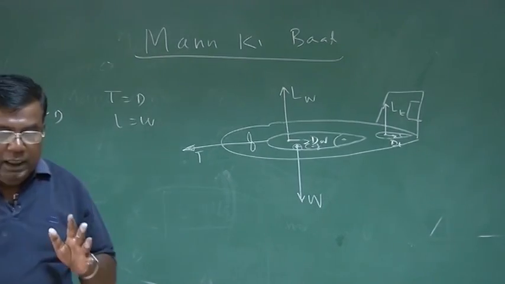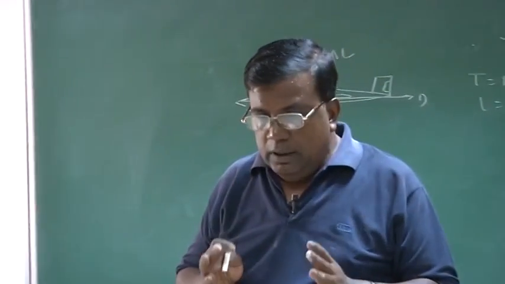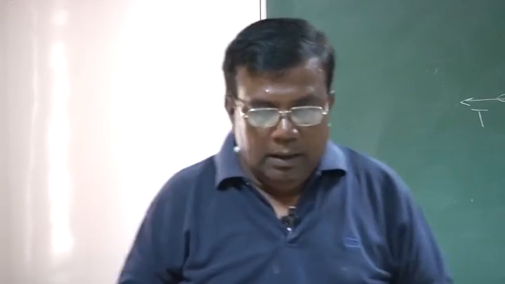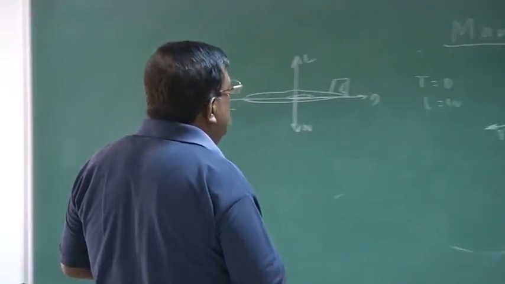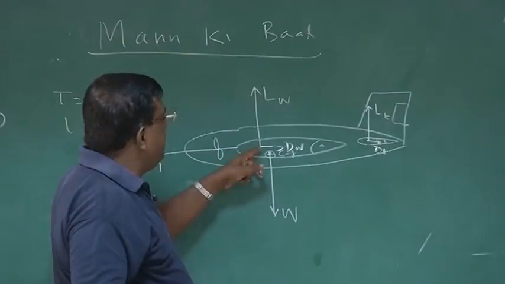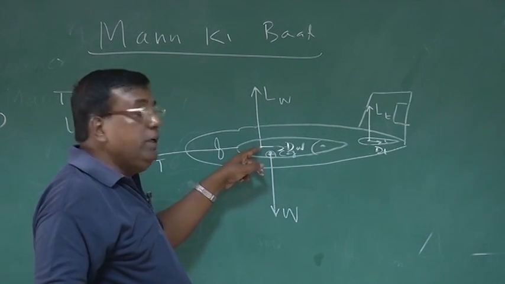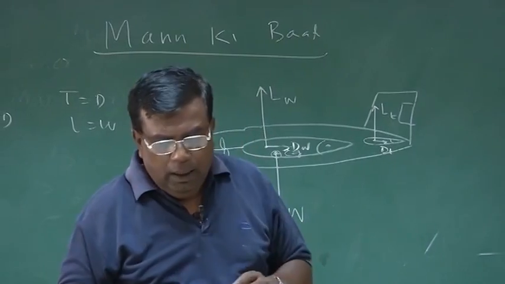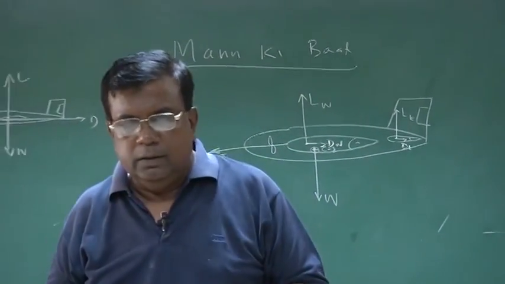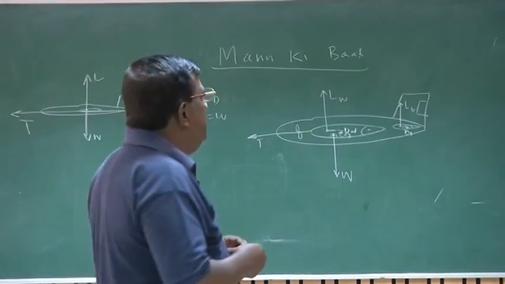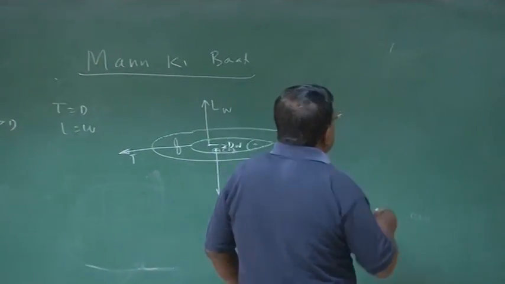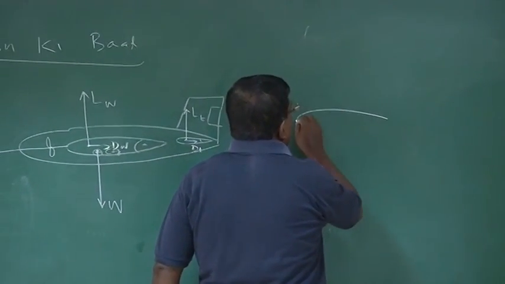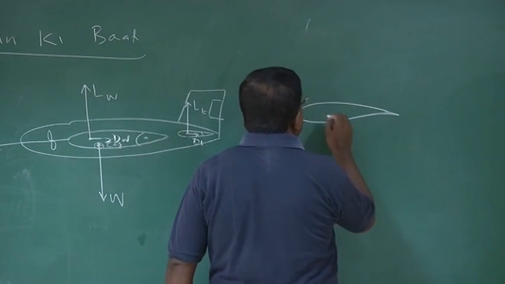So immediately a question came: where should I represent this lift acting, on the wing as well as on the tail? In a short explanation, let us see a general aerofoil.